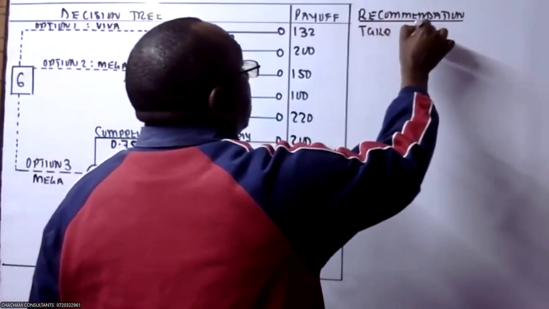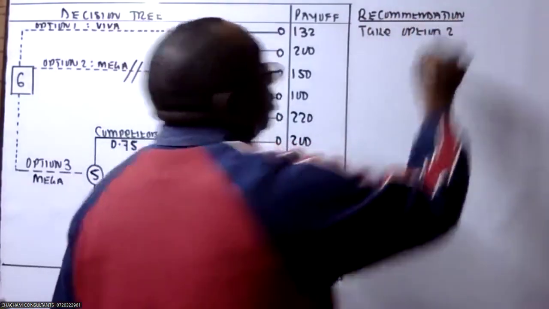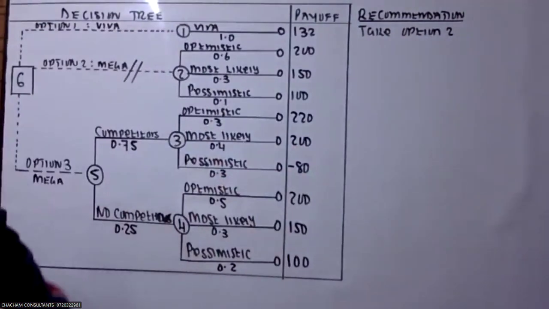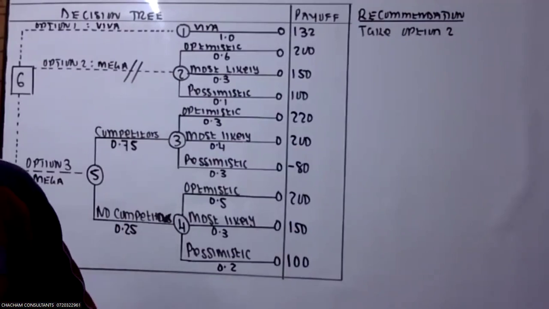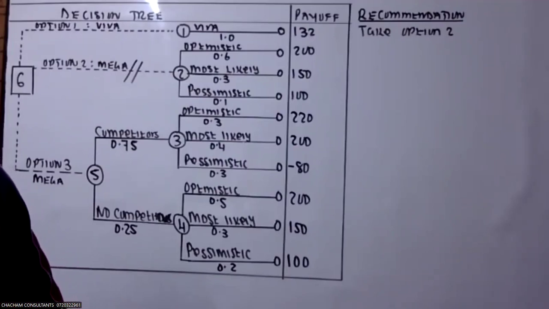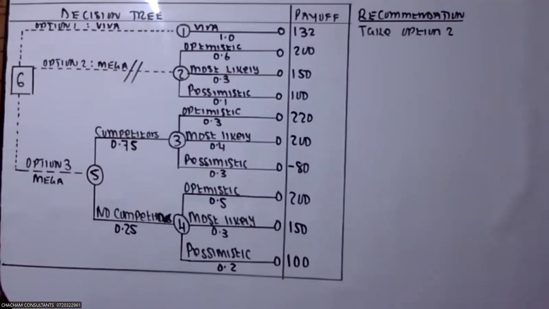Take option 2. That's the recommendation. It's the one with the highest expected monetary value. Next, the probability of failing to break even for option 3.